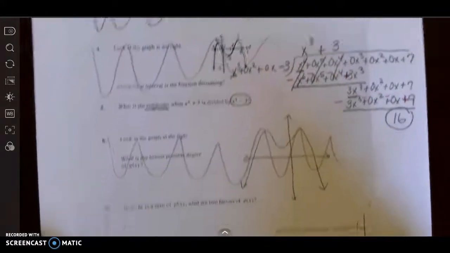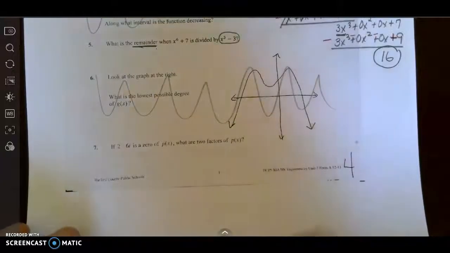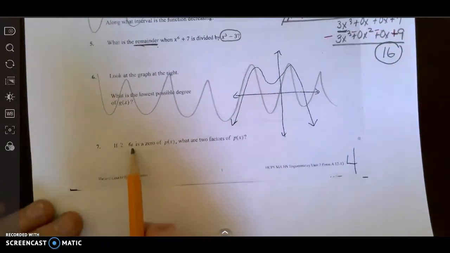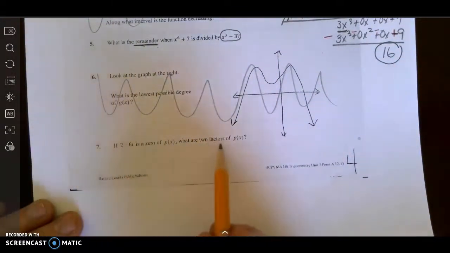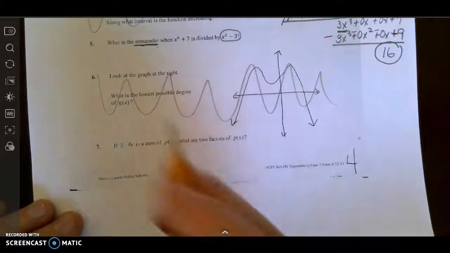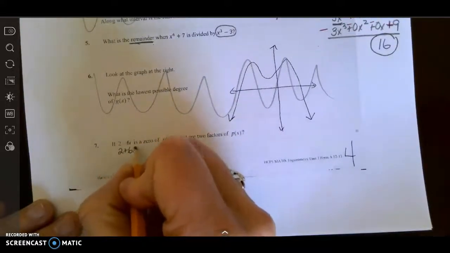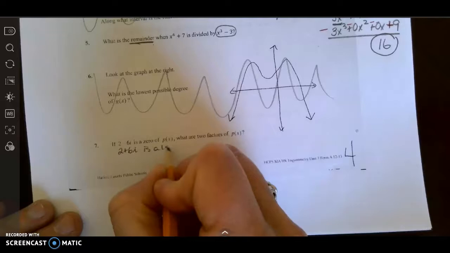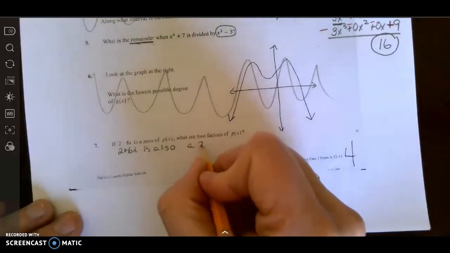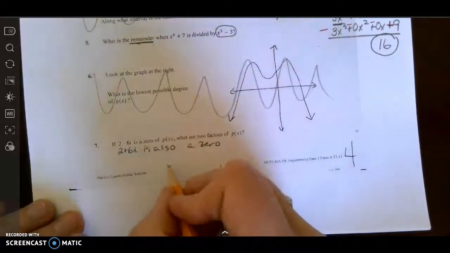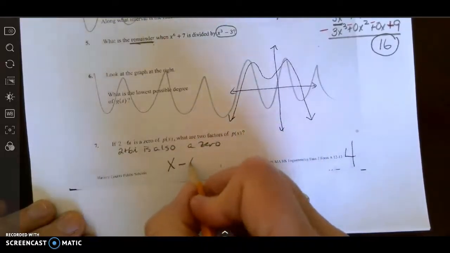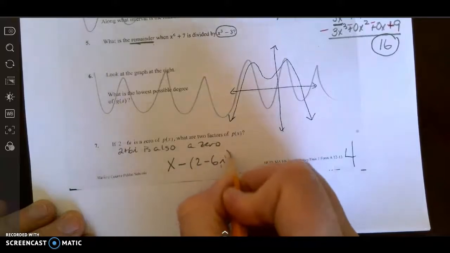Okay. Number 7. If 2 minus 6i is a 0, what are two factors of p of x? Well, if 2 minus 6i is a 0, then 2 plus 6i is also a 0. So one factor would be x minus 2 minus 6i.